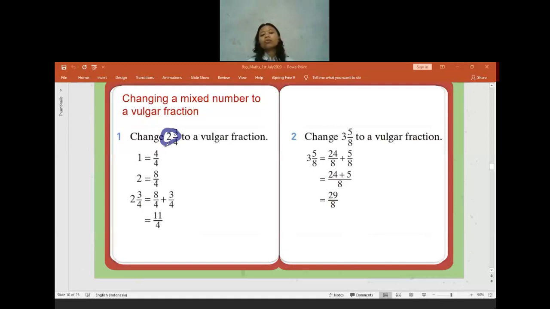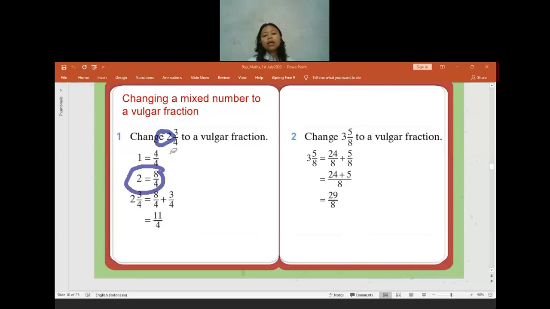So I have to change the number 2 into how many fourths. The number 2 I can make into 8 by 4. That's why 2 3 per 4 is the same thing as 8 per 4 plus 3 per 4. It will equal 11 per 4.